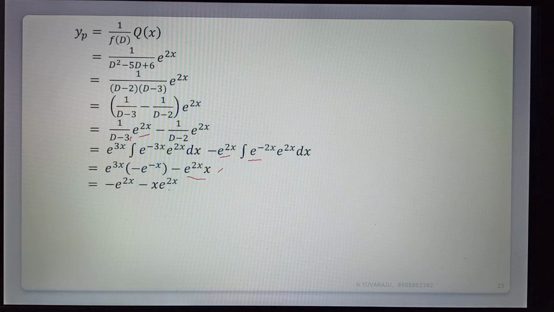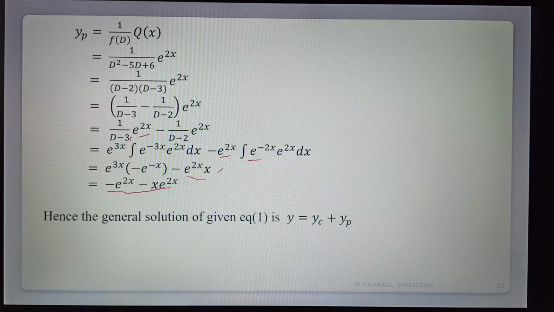That is equal, simplification is minus e power 2x minus x into e power 2x. E power 2x common. That is equal, general solution adding both yc and yp. So the complete general solution is c1 into e power 2x plus c2 into e power 3x minus e power 2x minus x into e power 2x.